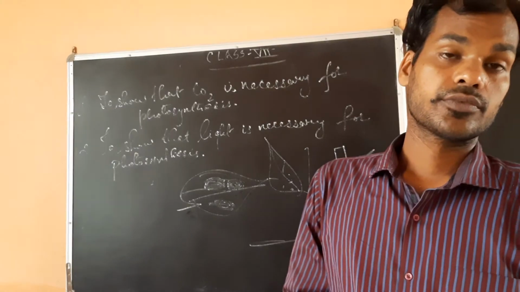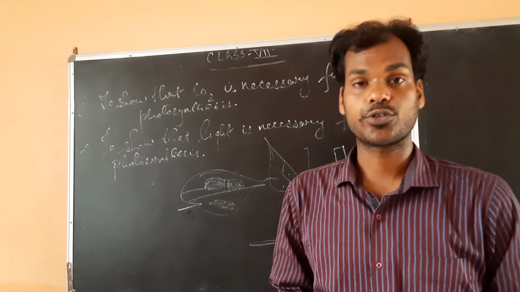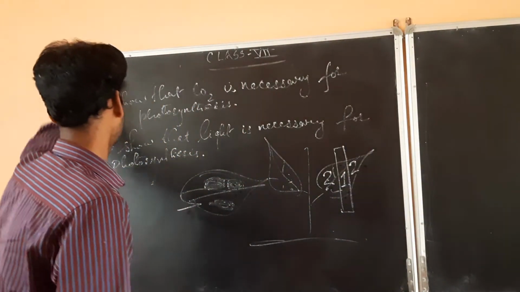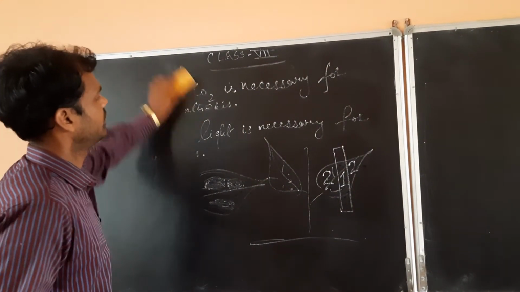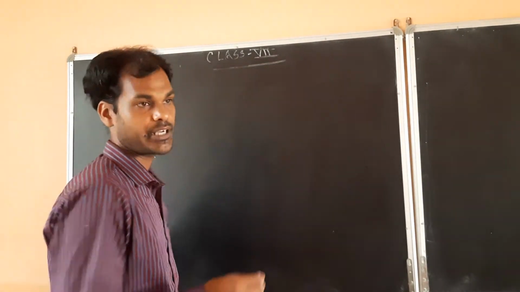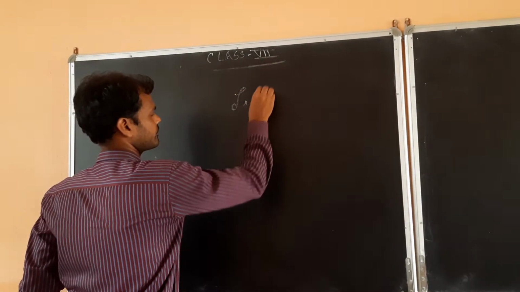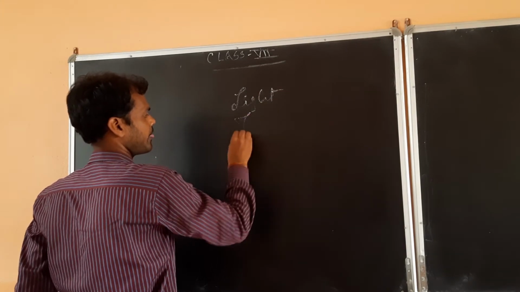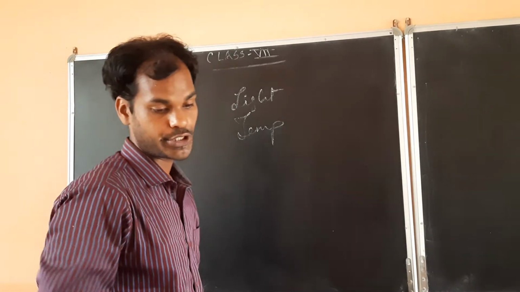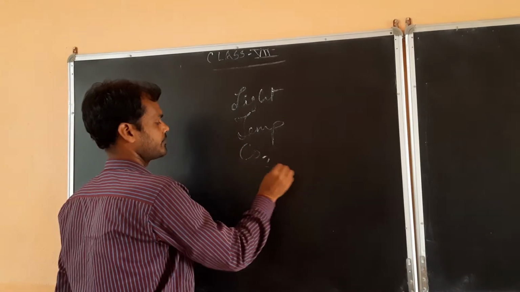Okay, now we have to see the factors affecting photosynthesis. The factors affecting photosynthesis are light, temperature, CO2 and water.